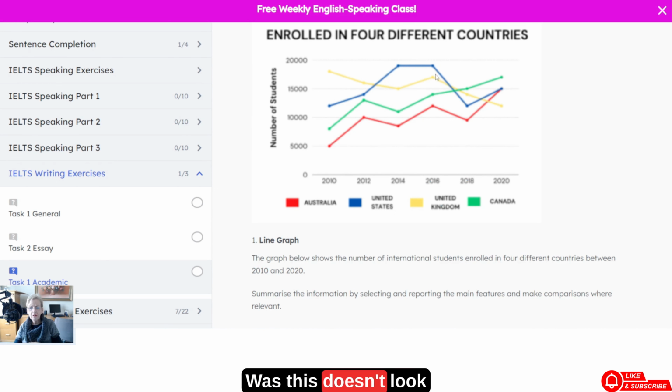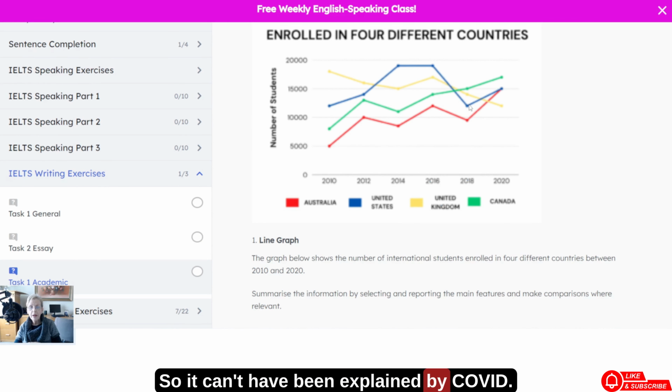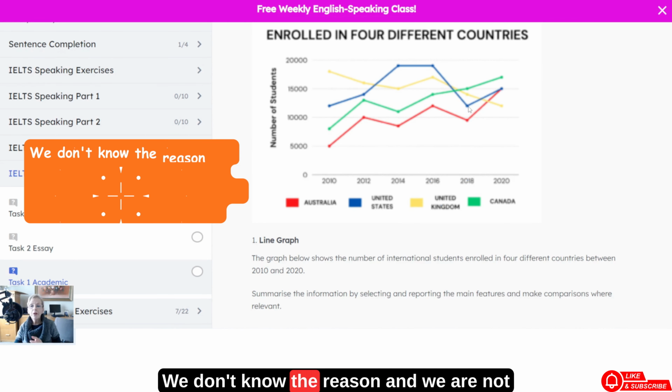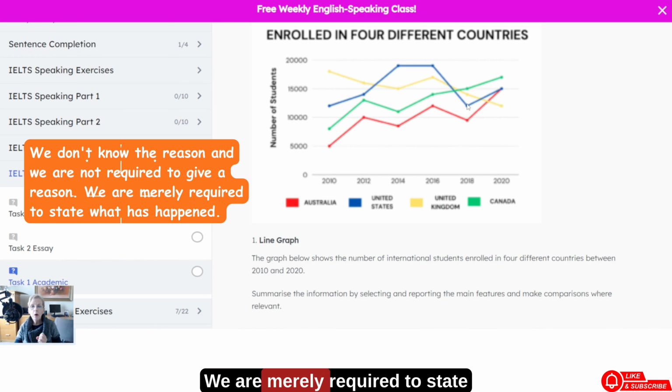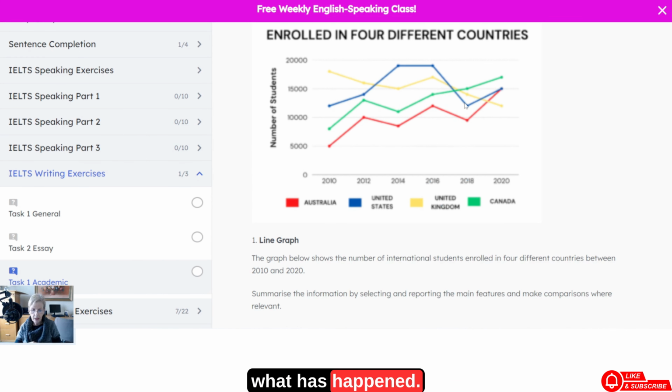It doesn't look like it was during COVID, so it can't have been explained by COVID. We don't know the reason, and we are not required to give a reason. We are merely required to state what has happened. So remember, highs, lows, changes, and general trends.